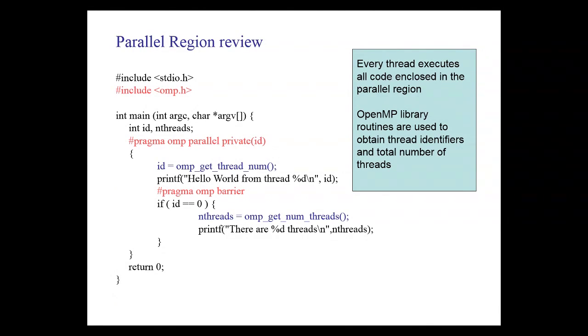It's the basic one, but sometimes it's too simple, so maybe you cannot limit yourself to only using it. Its function is to create a team of threads and run whatever code is in this block.